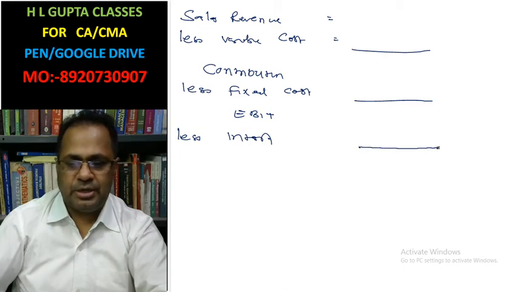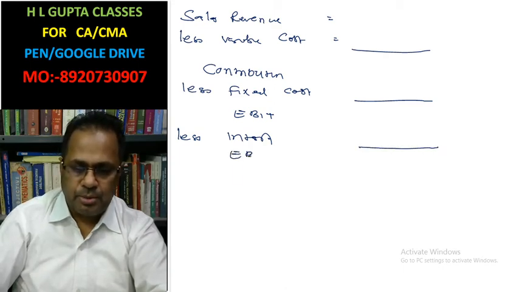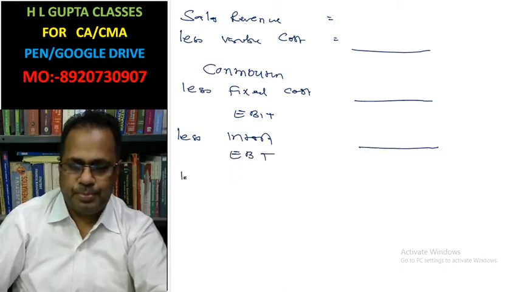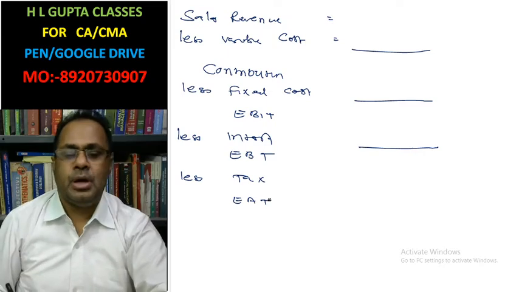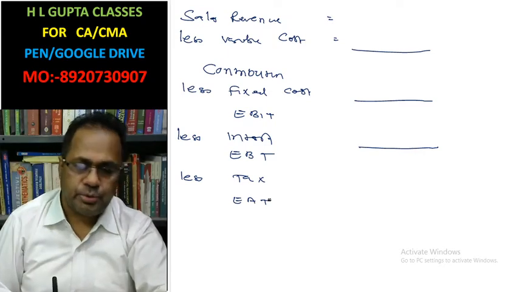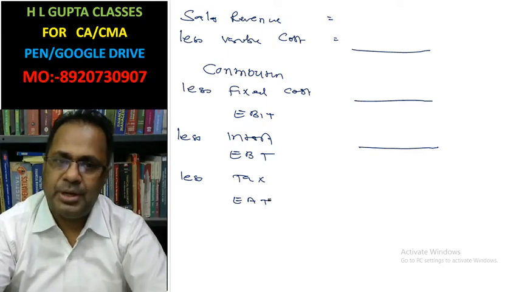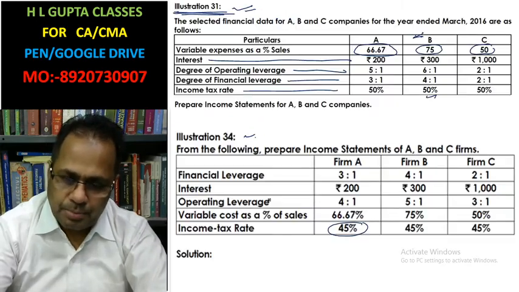After subtracting interest you will get EBT, earning before tax, less tax, earning after tax.